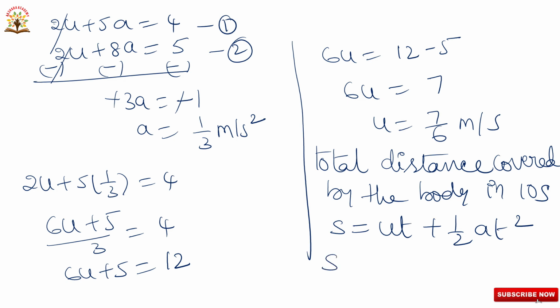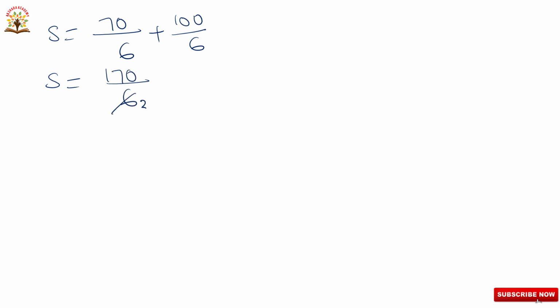S is equal to 7 by 6 into t, 10 seconds, plus half into the value of a, 1 by 3, into 10 whole square. So S is equal to 7 tens are 70, 70 by 6 plus 1 by 2 into 1 by 3, which is 1 by 6, into 10 whole square, 100, so 100 by 6. So S is equal to 170 by 6. Dividing by 2, we are getting 85 by 3.